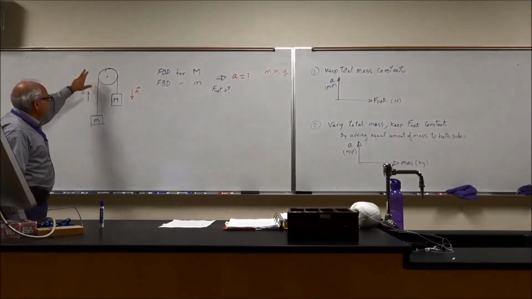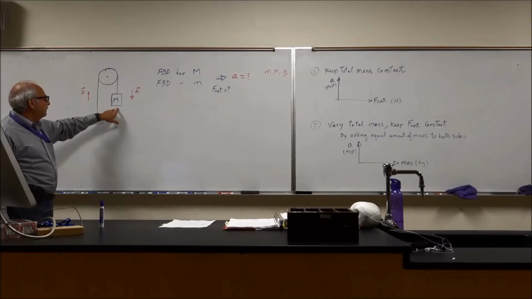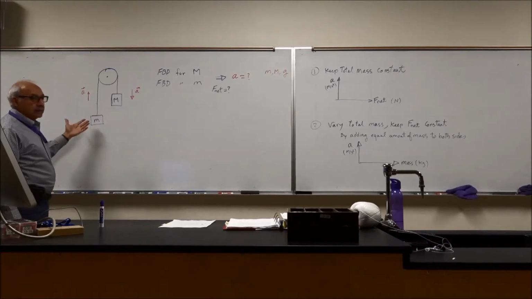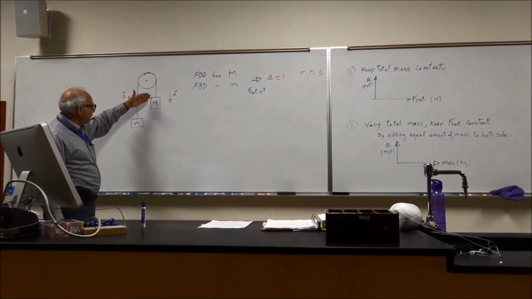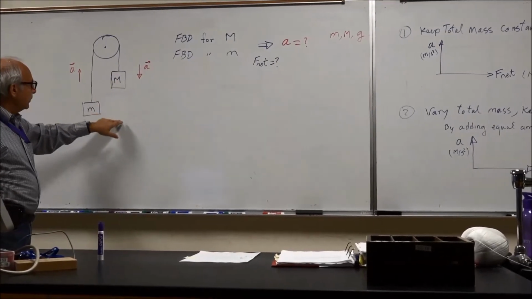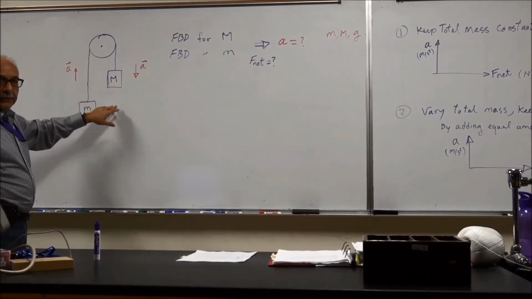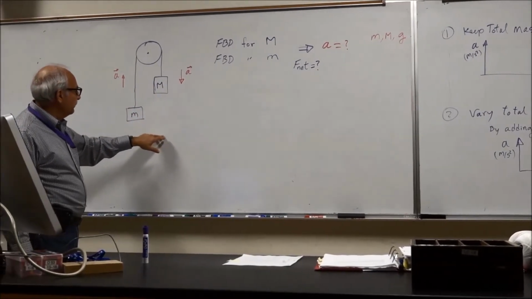we have this Atwood pulley that has a mass m, small m, and a big M, capital M, on this side. As a result, you would know that because of the force of gravity, this side is going to be accelerating. There's a force acting on this side.